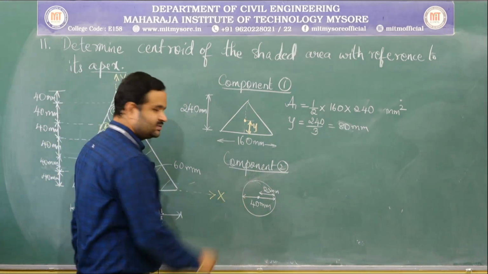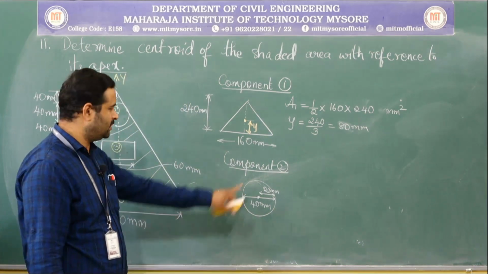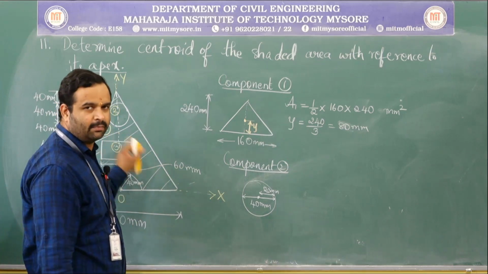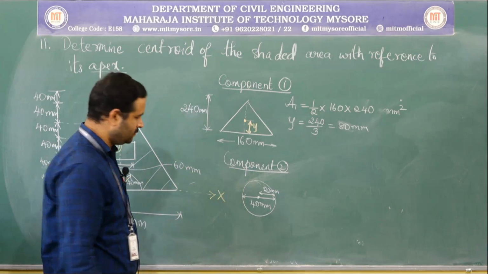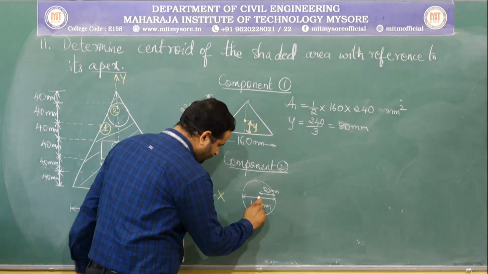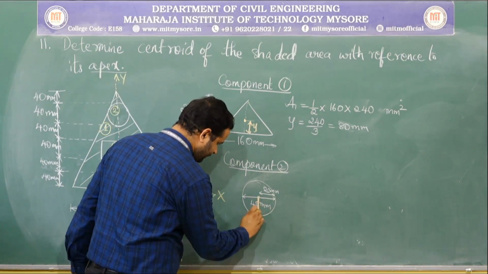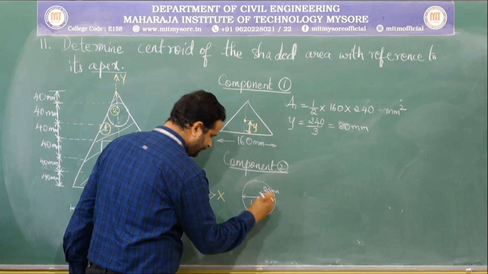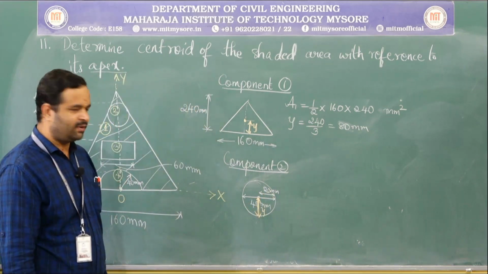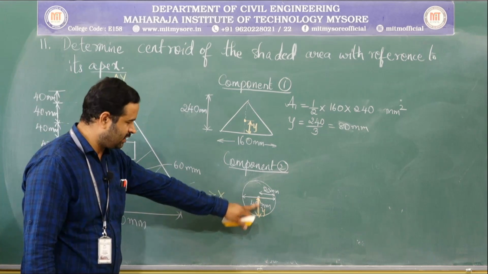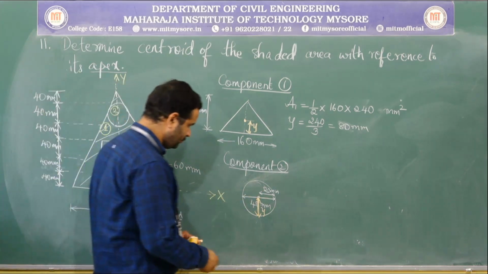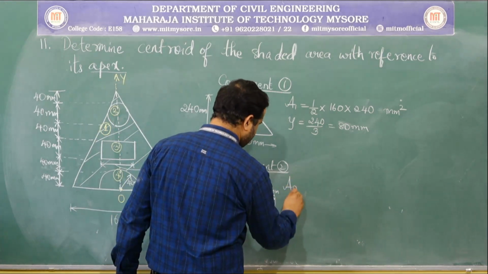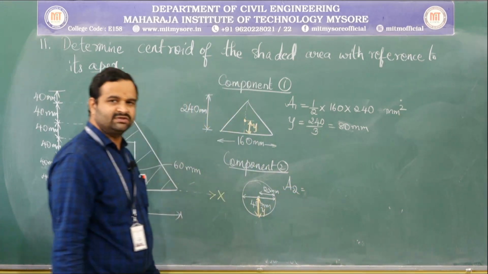Since we do not need the x component in this particular problem, we shall not write the x component of component 2, we shall only write the y component. So, what will be the y value? This y is nothing but half of 40, which is equal to 20. So, area A2 is equal to, what is the area of a circle?